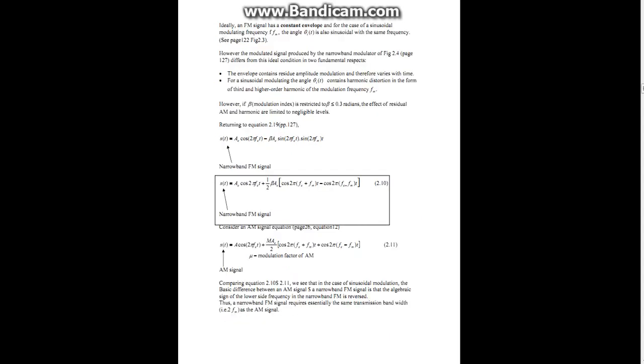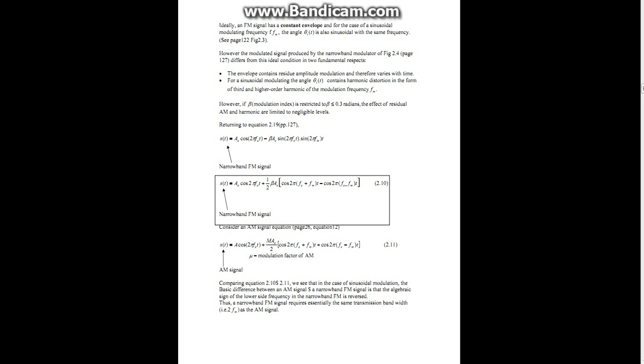If we further expand the equation of the narrowband FM signal, we obtain s(t) = Ac cos(2π fc t) + (1/2) beta Ac [cos 2π(fc + fm)t − cos 2π(fc − fm)t].